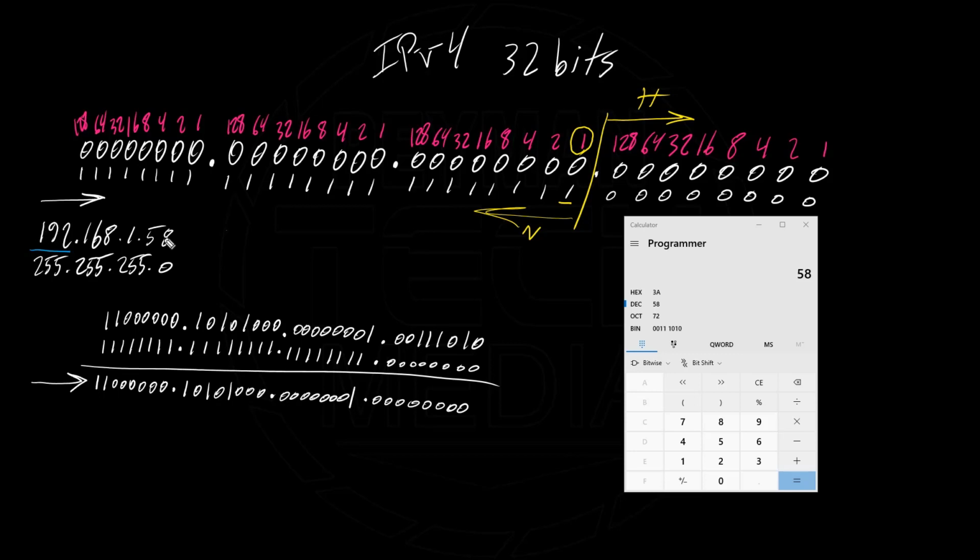Basically this IP address belongs to that network address. So when we convert this to decimal, this one is 192, this one is 168, this one is 1, this one is 0. So this is the network address for this IP address.